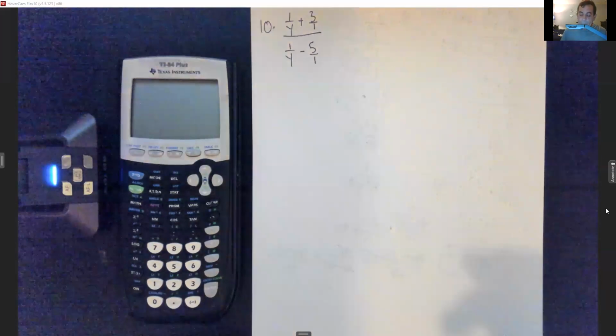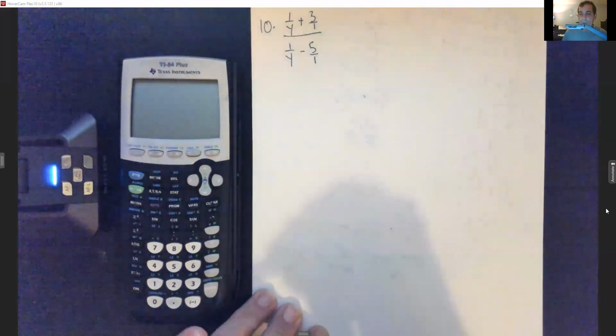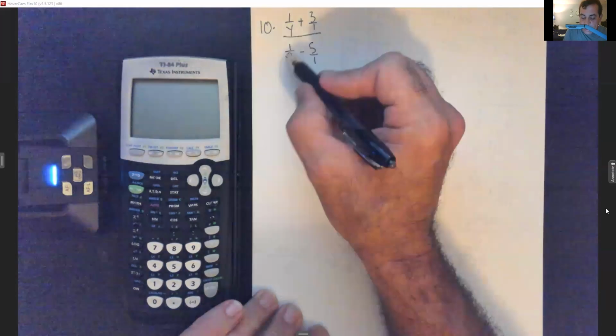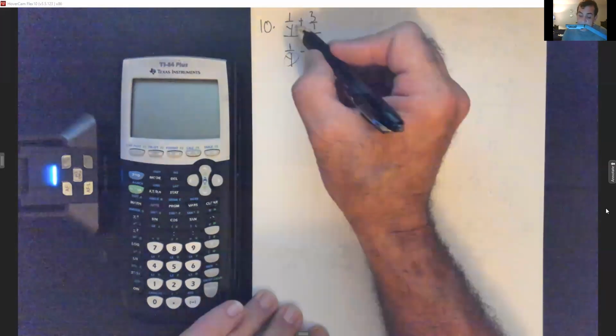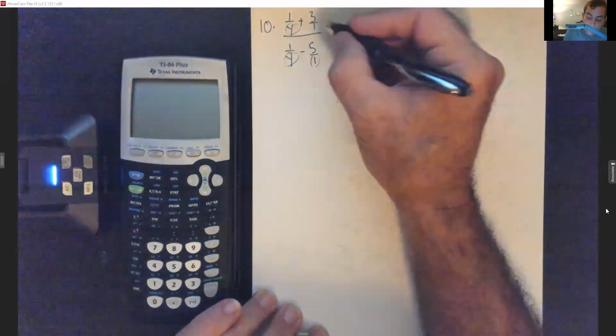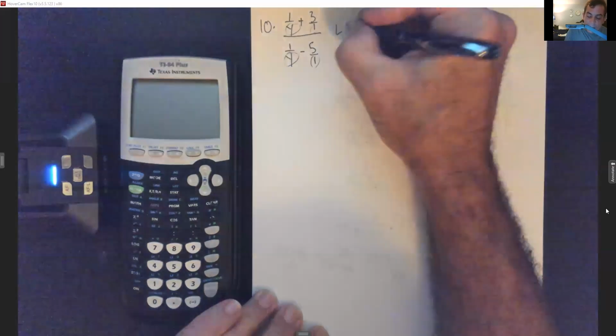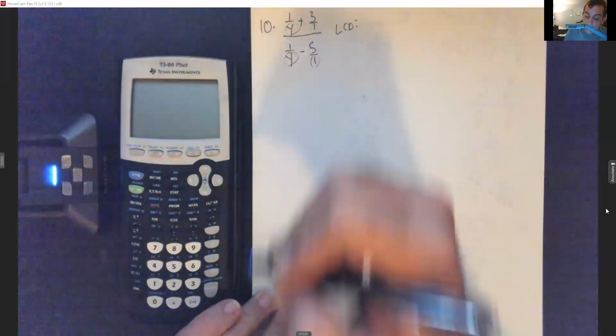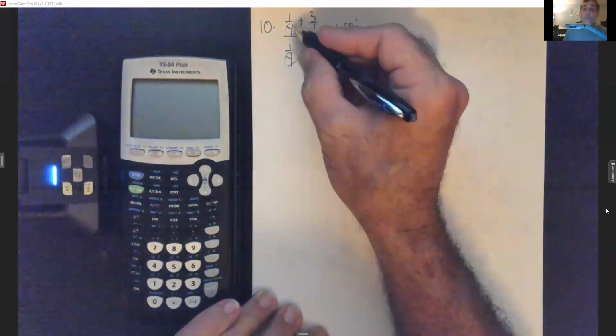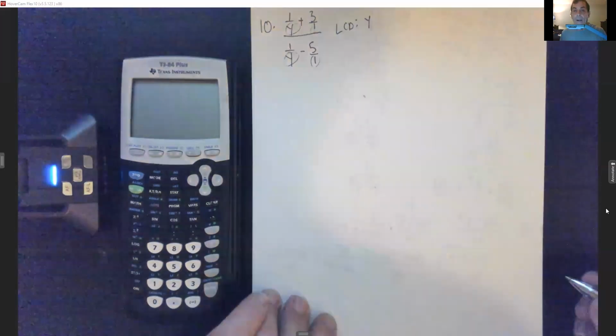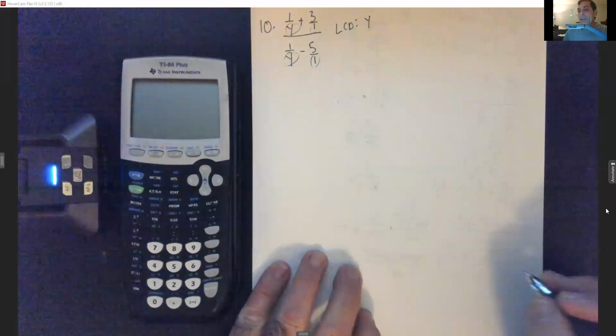All righty, so I'm going to tell you the truth. The easiest way to do this one, since I got variables in the denominator, and these ones both had a 1, is to multiply everything in here by its least common denominator, which would be the y. So I'm going to show you a different way to do these.